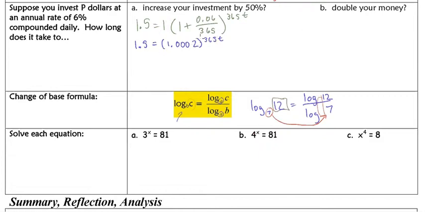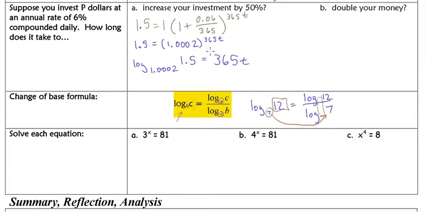So I've got log base 1.0002 of 1.5 is equal to 365t.